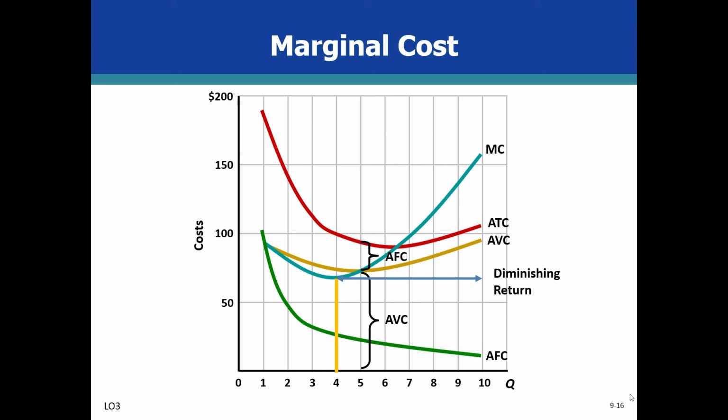Market determines the price. We need to operate at the lowest average total cost that we can and understand where our law of diminishing return takes hold, and that is once the marginal cost begins to increase.